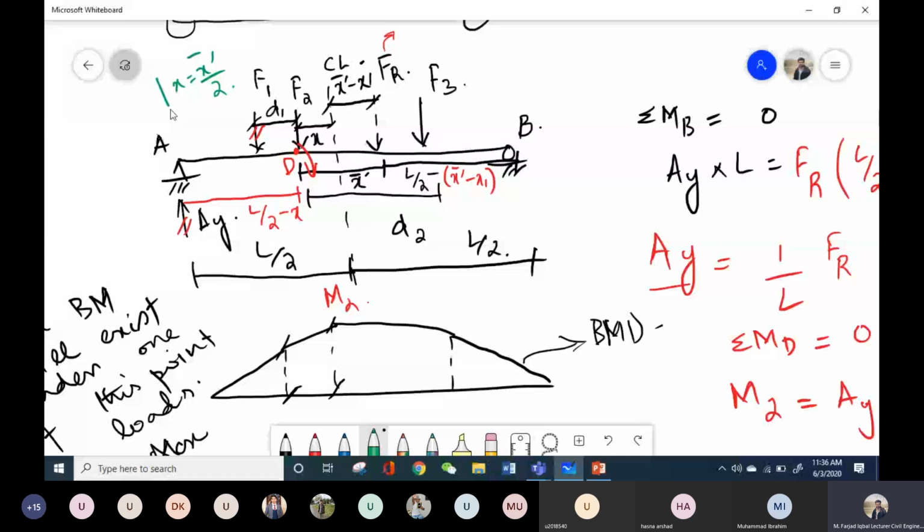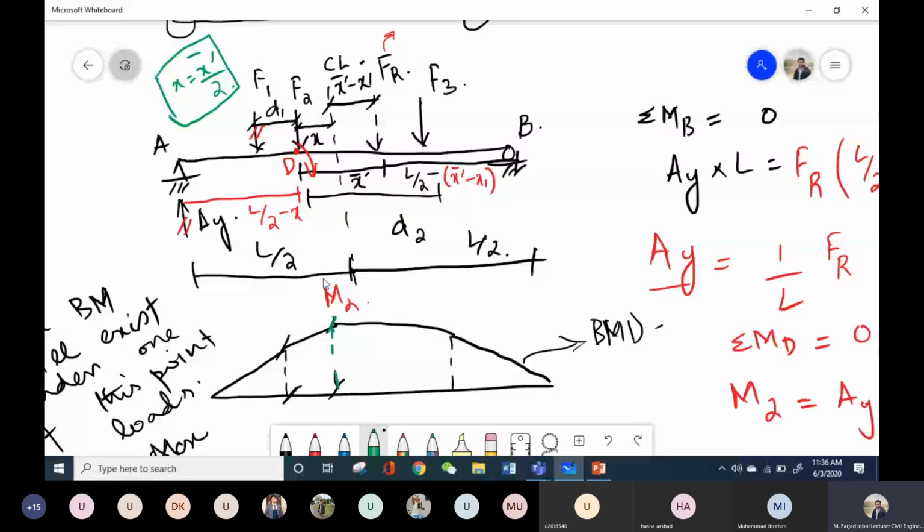So this final form of the equation shows that if I have a set of moving loads and I assume that the maximum moment exists under a particular point, then if I place that point load at a distance equal to x bar dash over 2 with respect to the center line, I am going to get the maximum value of bending moment for that case.